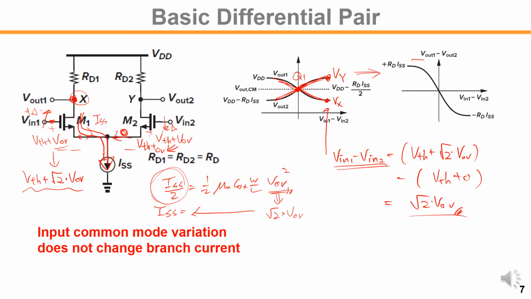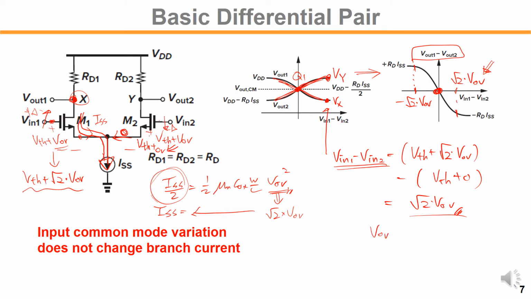If you calculate the difference, Vout1 minus Vout2, you will get this kind of plot, and that boundary, this critical point, will be minus square root of 2 times Voverdrive, and this is plus square root of 2 times Voverdrive. This overdrive voltage is found at that biasing condition, the equilibrium condition.